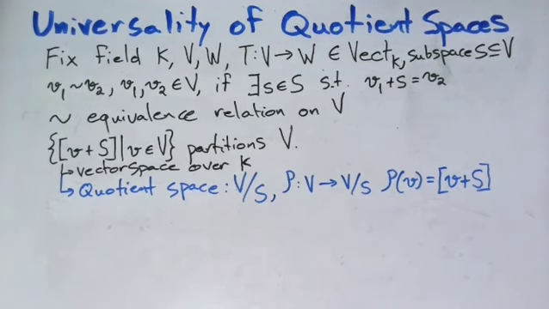And we said in the intro of the video that these quotient spaces had a universality property, or maybe rather that there were conditions under which these quotient spaces had the universality property.